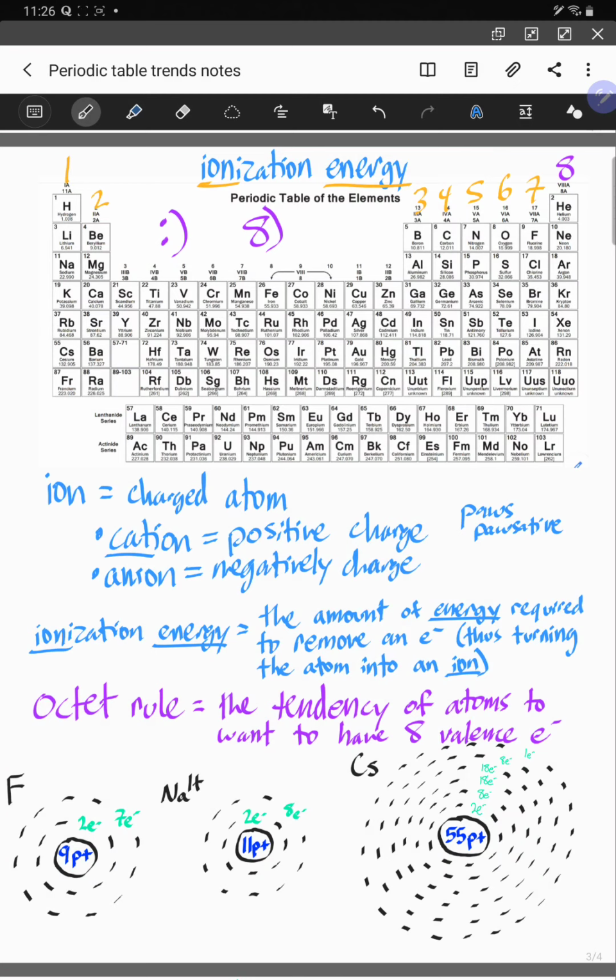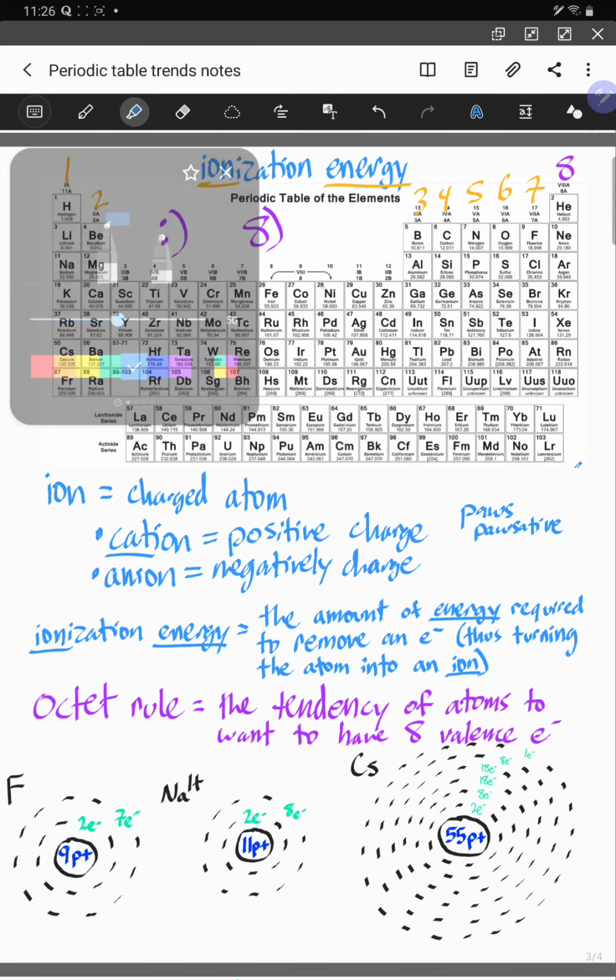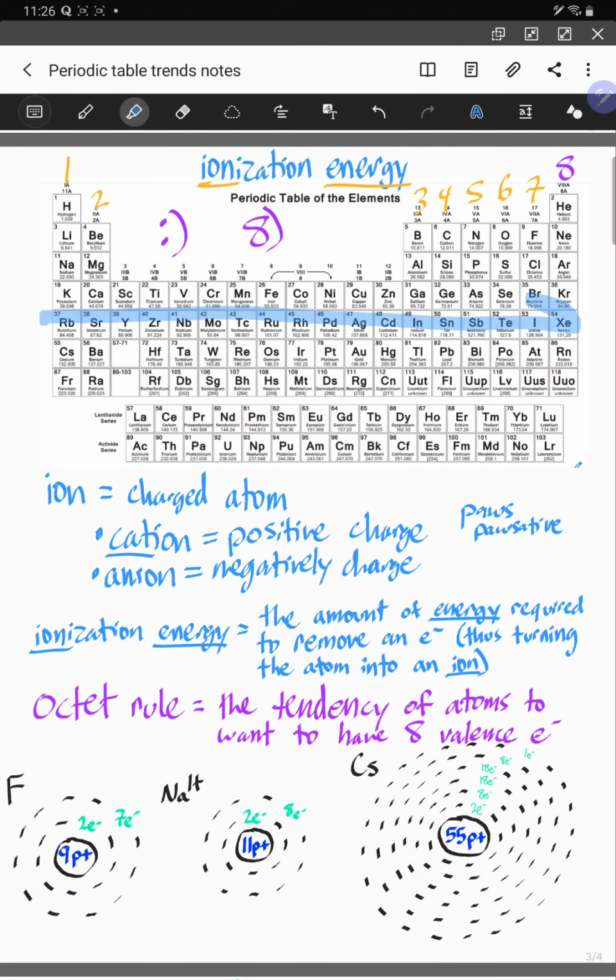And the answer is going to be the further we go to the right on the periodic table, the higher the ionization energy is. The higher the amount of energy required to remove an electron and turn the atom into an ion.